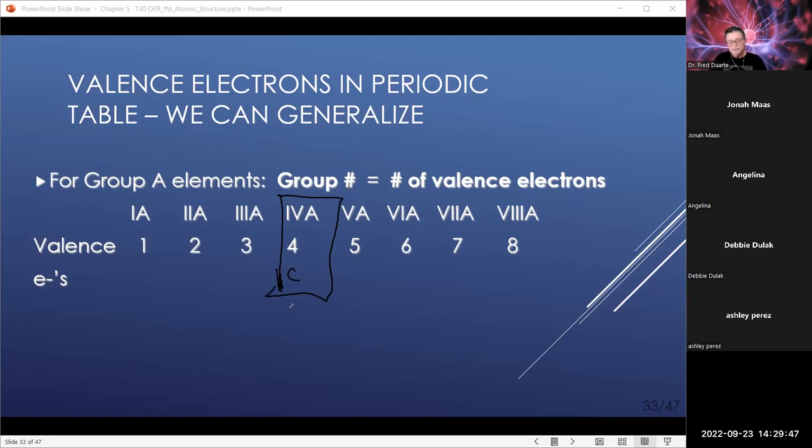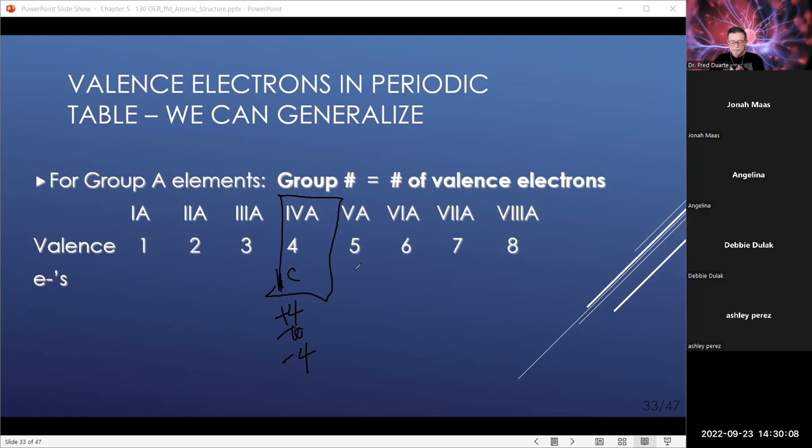So the result is this: those elements in group 4 can have a charge that can vary from a +4, because they lost those 4 electrons, all the way to a -4, because they gained 4 electrons to get that happy 8.